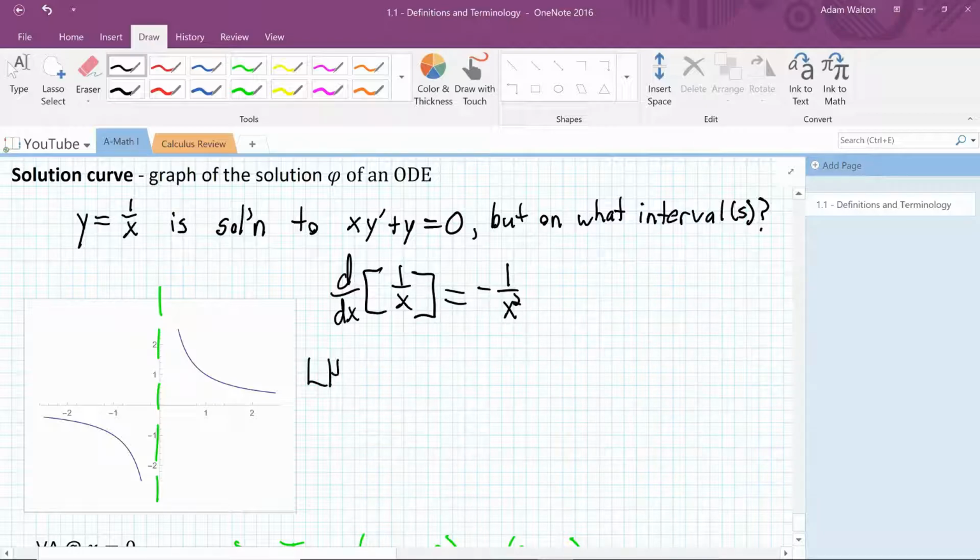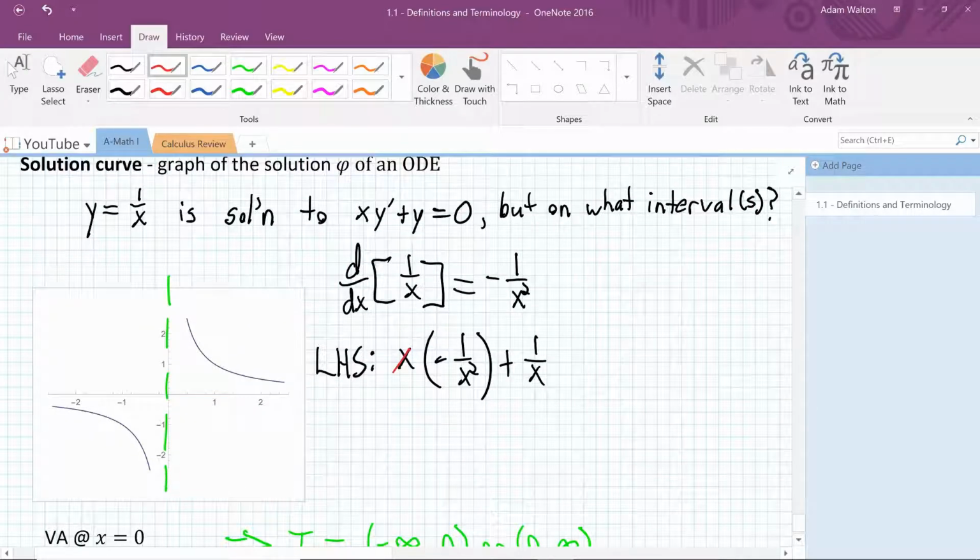So now, if we take the left-hand side, we're going to have x times -1 over x squared plus y, and y is just 1 over x, and this x is going to chop this denominator down into a power of 1, and then negative 1 over x plus 1 over x is just equal to 0.